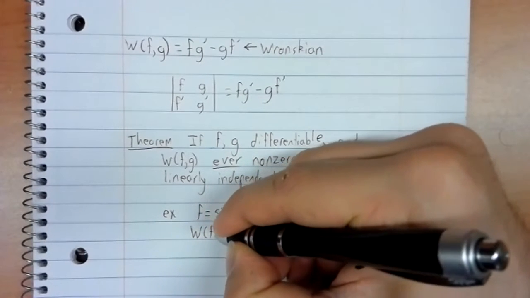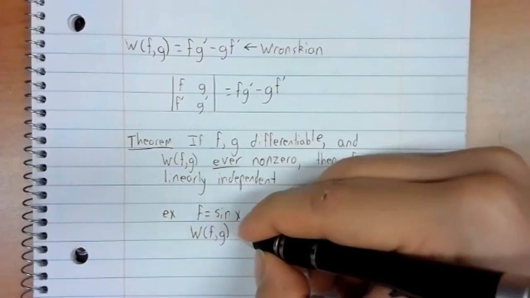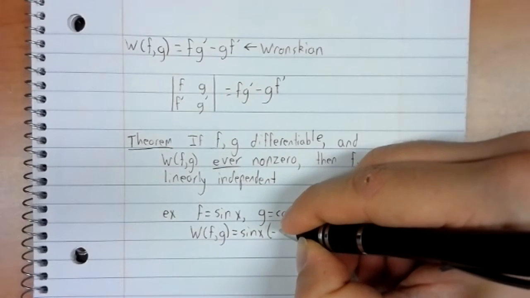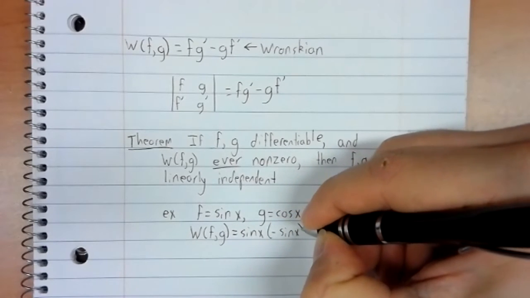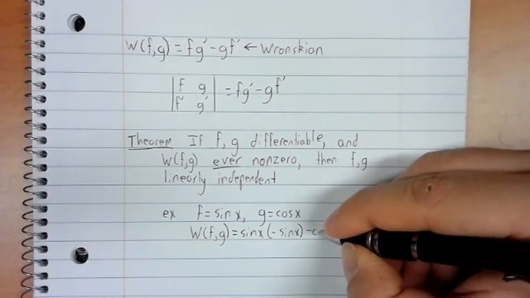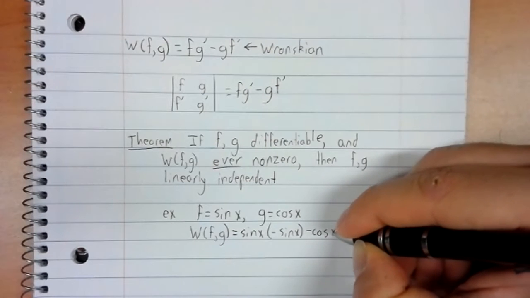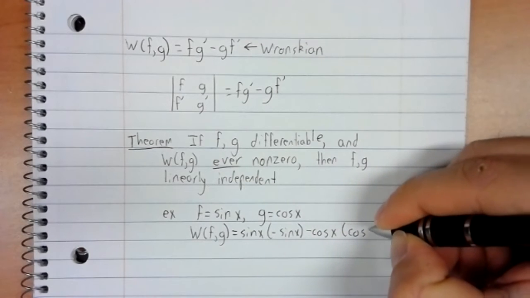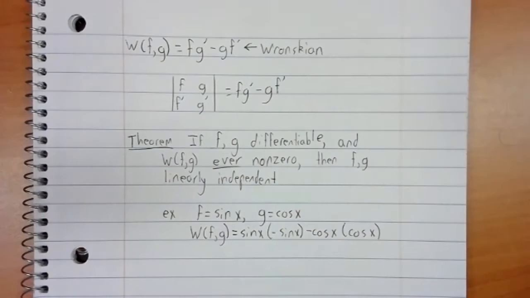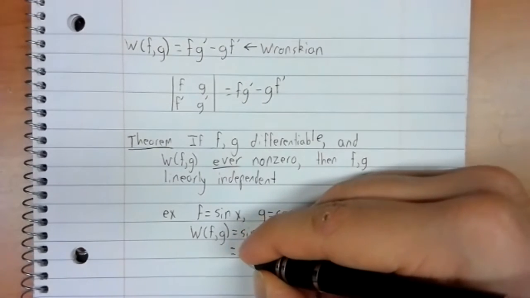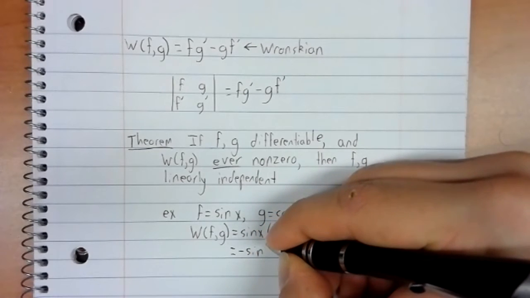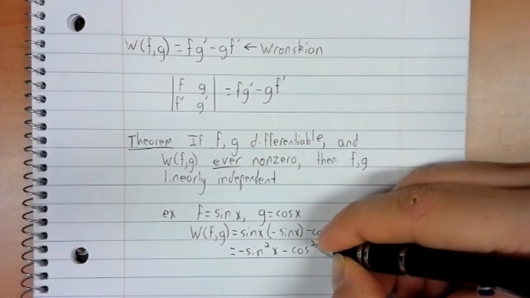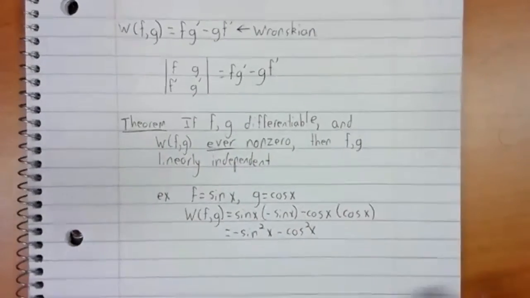Then W of f comma g equals the sine of x times the negative sine of x minus the cosine of x times the cosine of x, or negative sine squared x minus cosine squared of x.